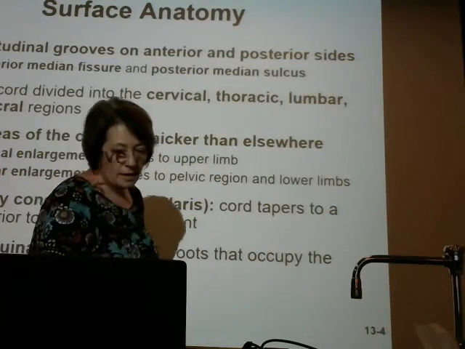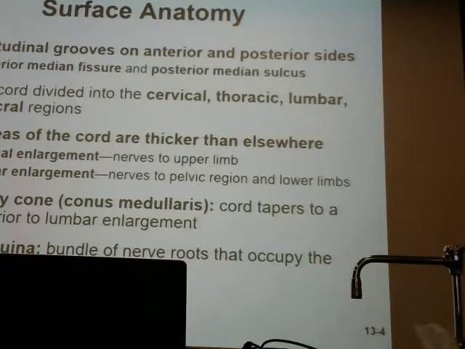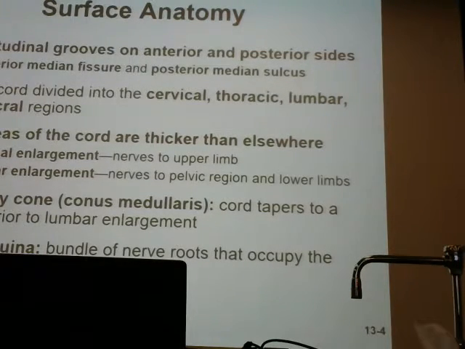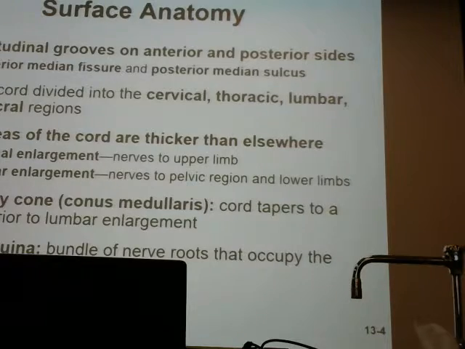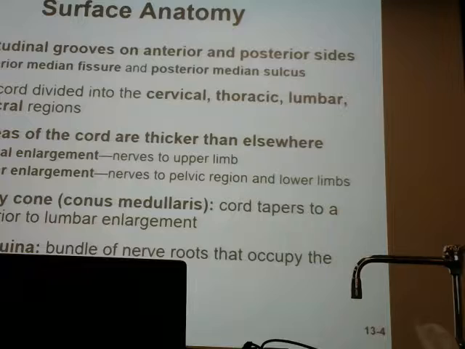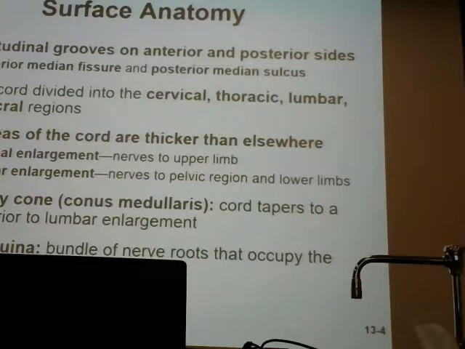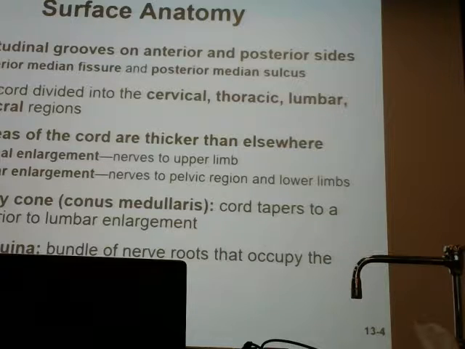When we look at the structure of the spinal cord, I think they have some pictures, but they try to represent it on this right here. It's going to have all these little grooves.